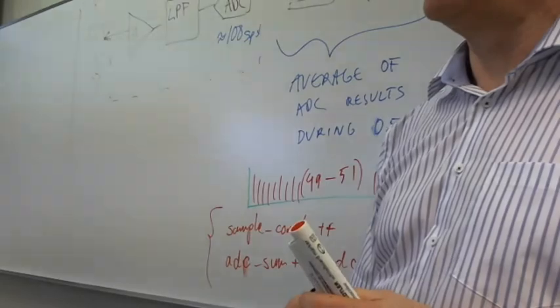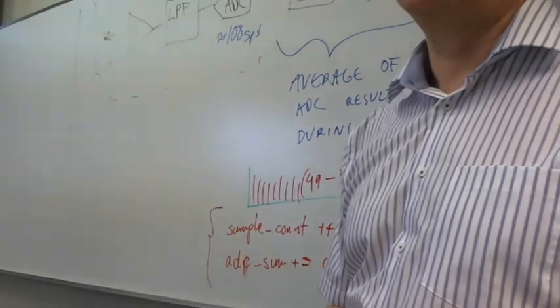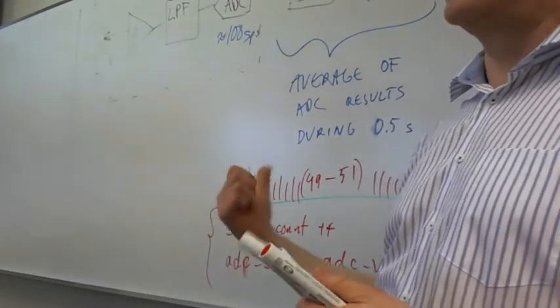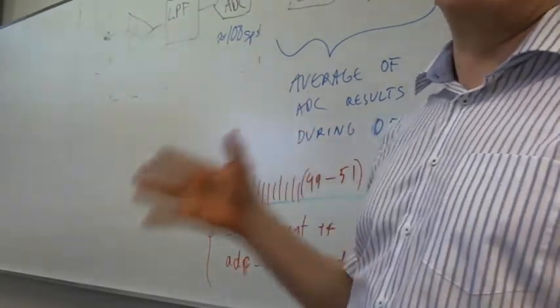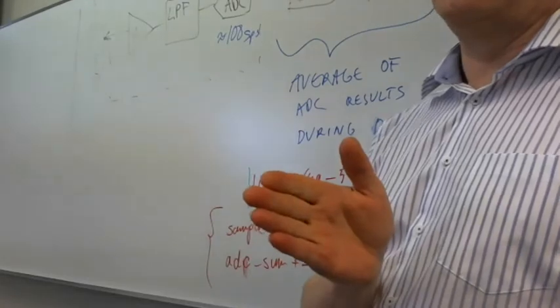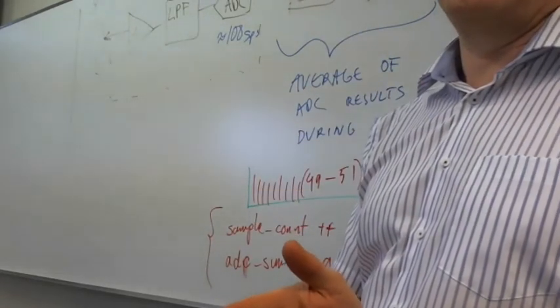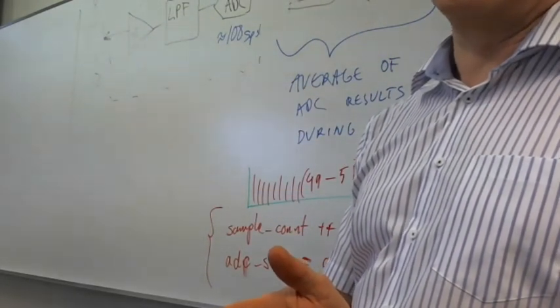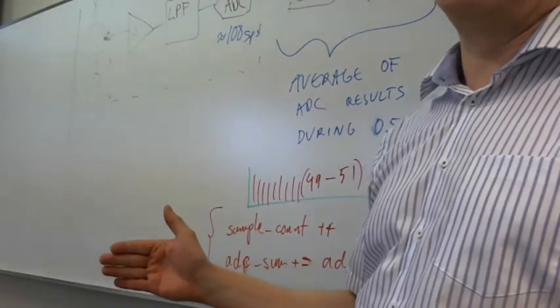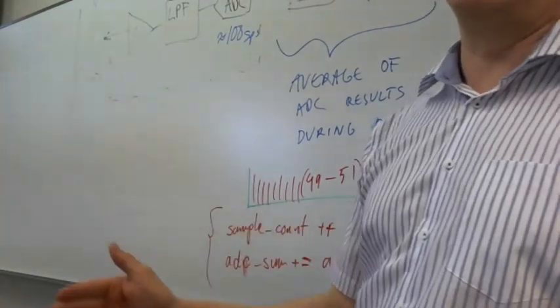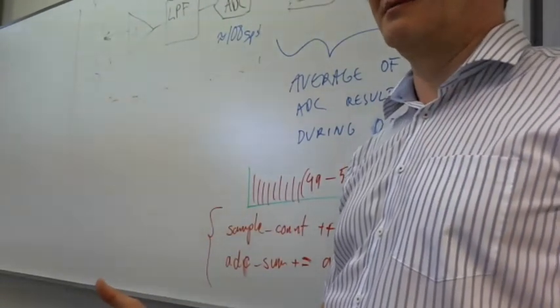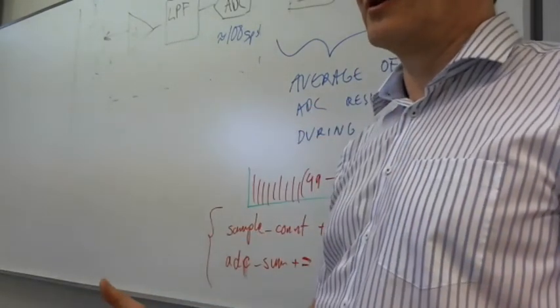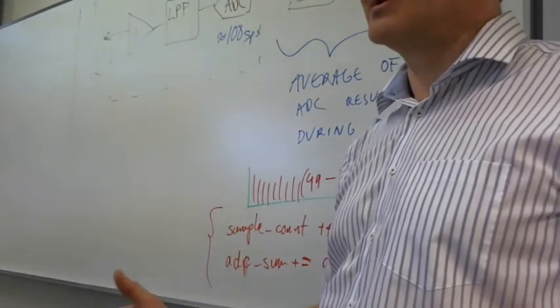Right. 64 is 6 bits. So you need at least 6 bits extra compared to that A to D conversion value to avoid the overflow. So basically 16 bits in this case, and if you use a 2-byte integer, you can have 10 bits for the A to D conversion. Not more than 10 bits.